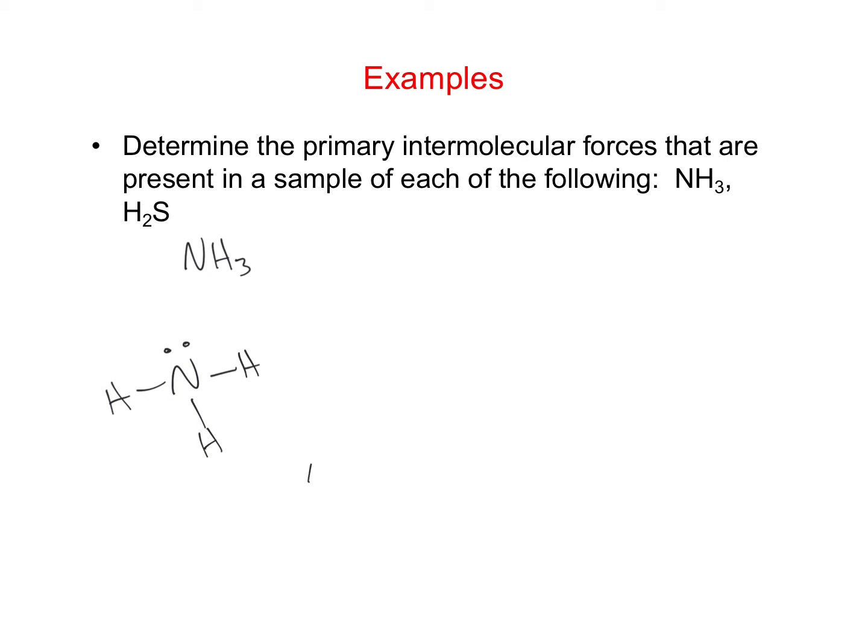I have 4 electron groups, and so this molecule is going to be trigonal pyramidal. We've got the lone pair up here breaking up the symmetry. So this molecule is going to be polar. So it's covalent, then it's polar, and then we do have a hydrogen directly connected to, in this case, a nitrogen. And so there's going to be hydrogen bonding in a sample of ammonia.